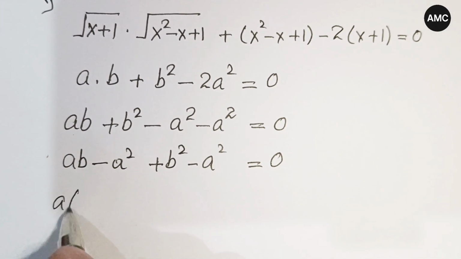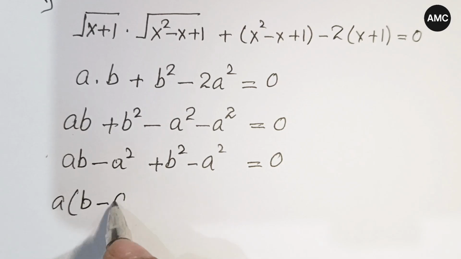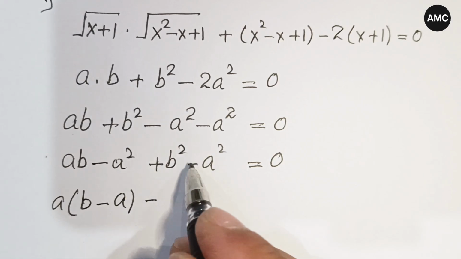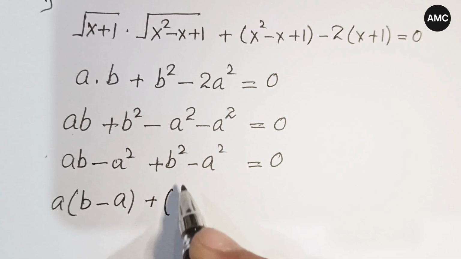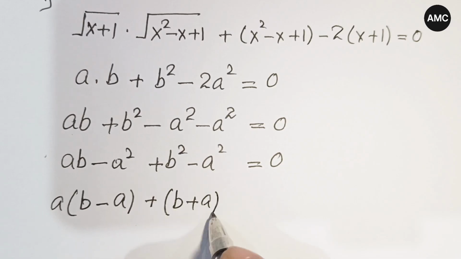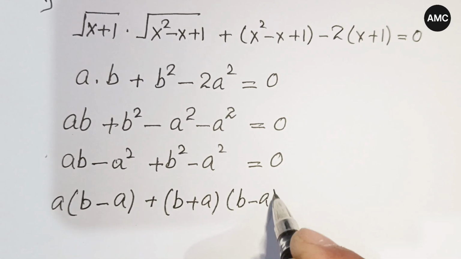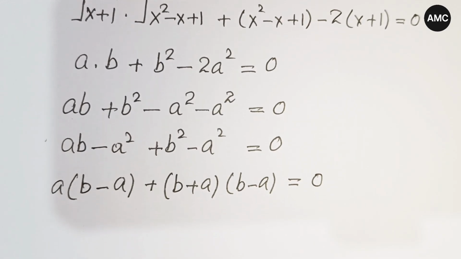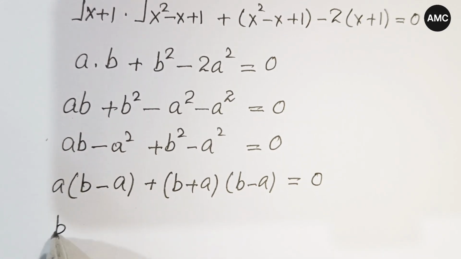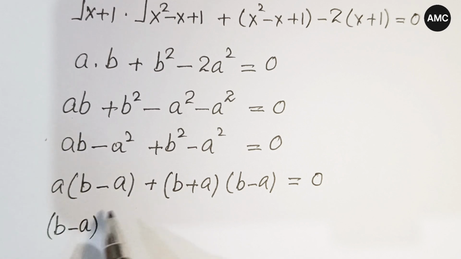Now taking b minus a common, b squared minus a squared is actually equal to b plus a times b minus a according to the algebraic formula. So in this step b minus a is a common term, so taking b minus a outside the bracket, we get b minus a times a plus b plus a.